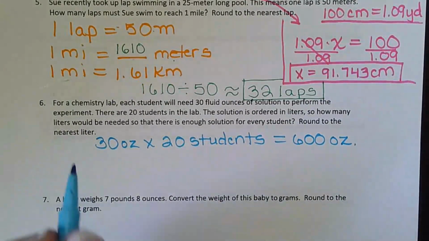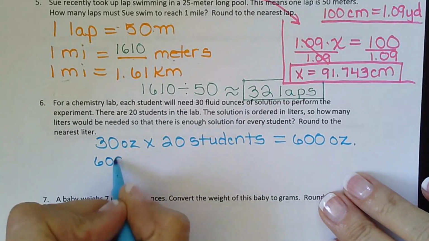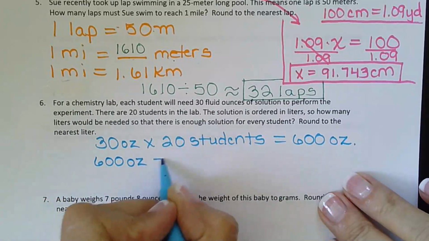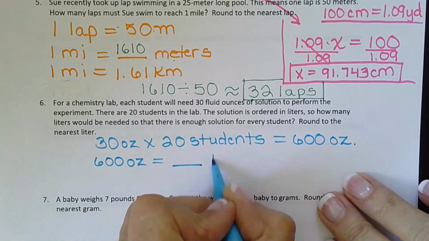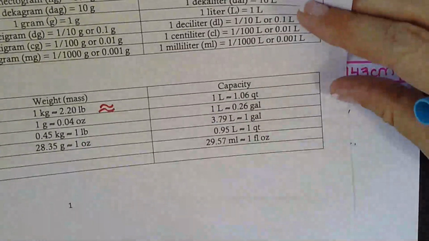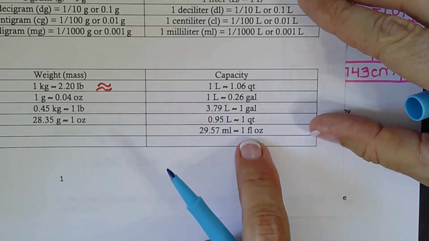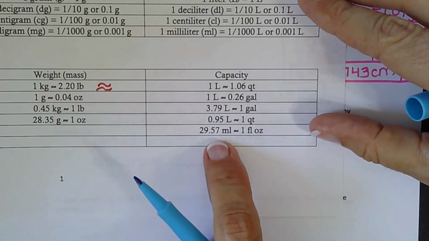So now we have to change 600 ounces into how many liters? So we have to go ounces to liters, and I'm going to bet money, based on the previous problems, we're not going to have an ounces to liters. Ounces to milliliters, and that's it.